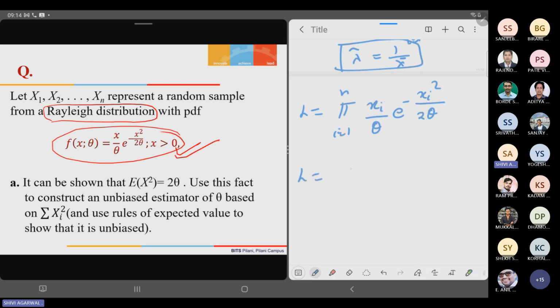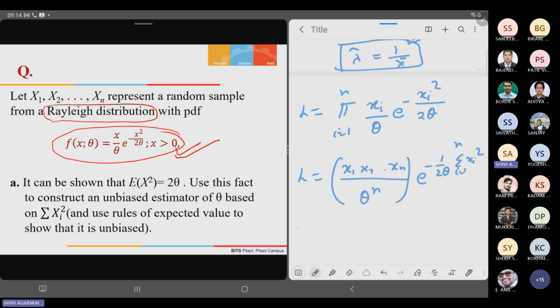L will become here x1 x2 multiplied by xn upon theta to the power n. Right, this multiplication is in the numerator. Then this is exponential, so it will become here e to the power minus 1 upon 2 theta, and summation i equal to 1 to n xi square.